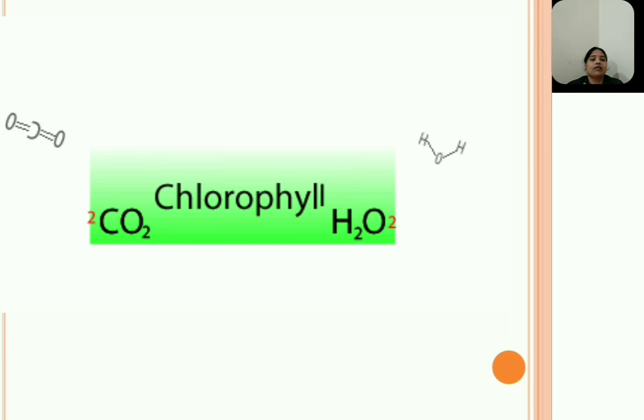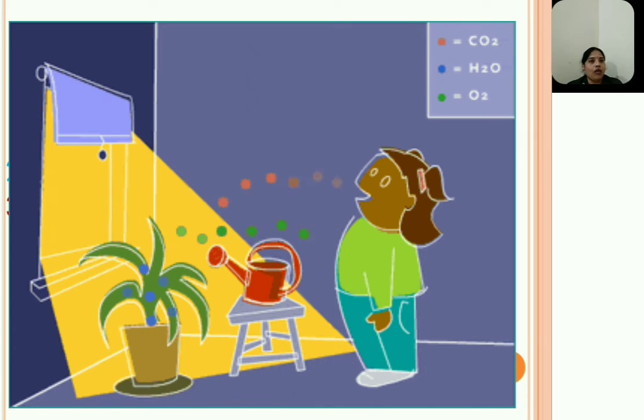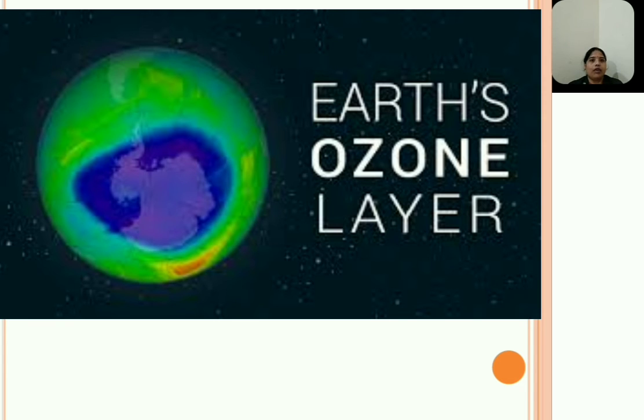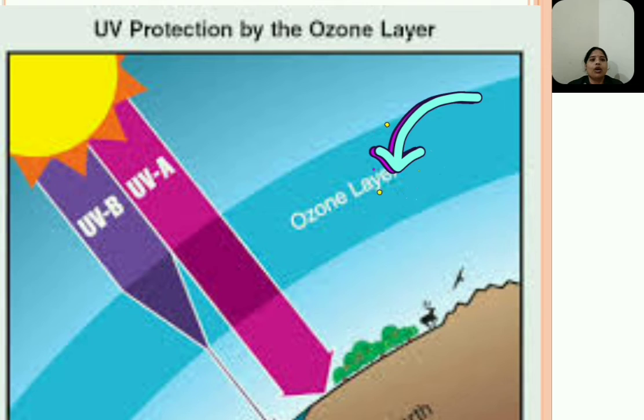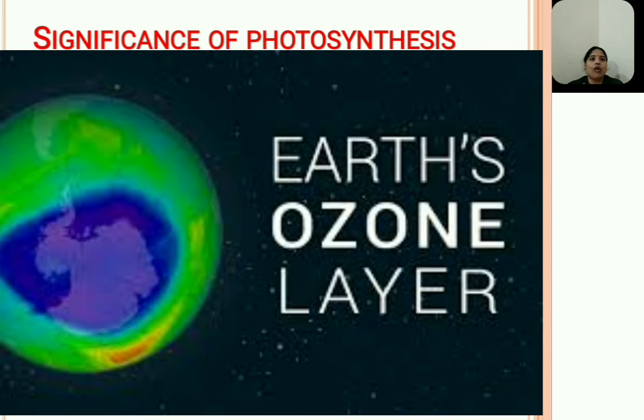Then photosynthesis releases oxygen, which maintains the balance of oxygen and carbon dioxide in the atmosphere. The oxygen released in the atmosphere is used for ozone formation, which means maintaining the balance of oxygen and carbon dioxide in the atmosphere.